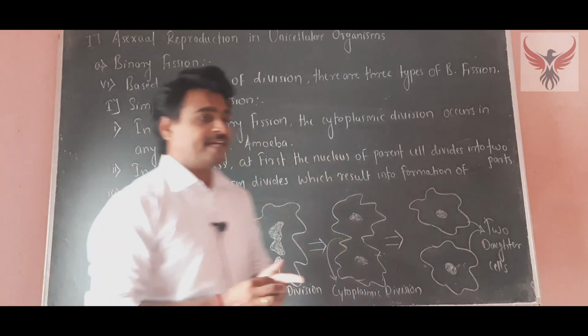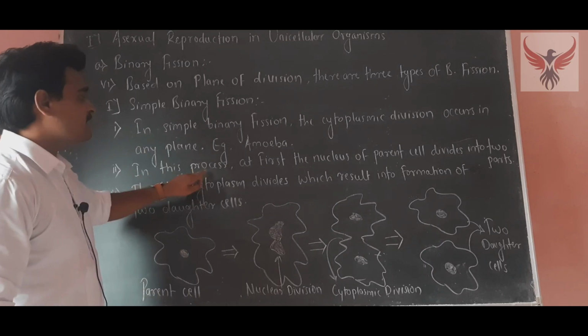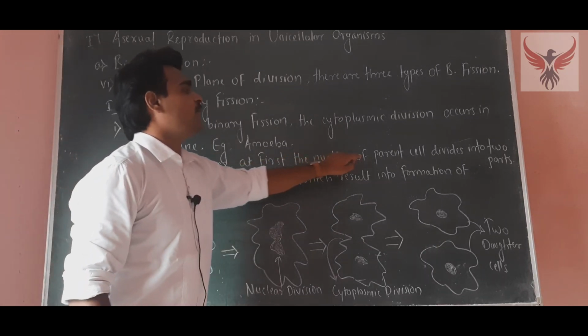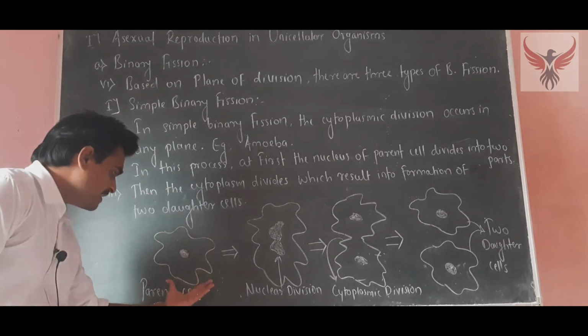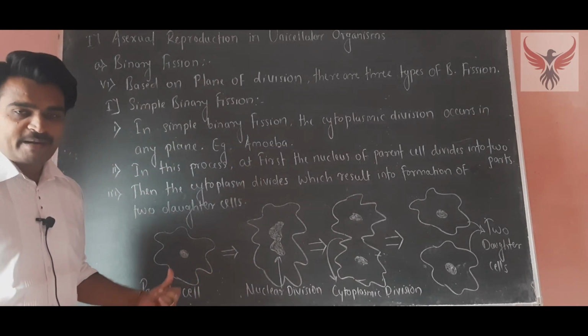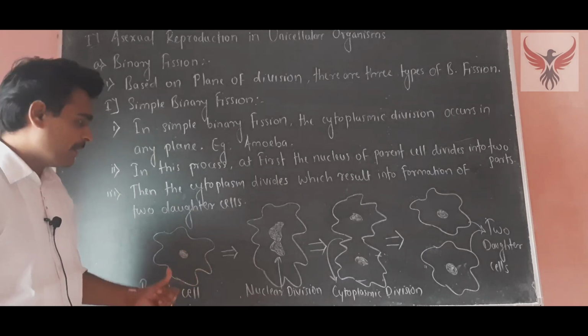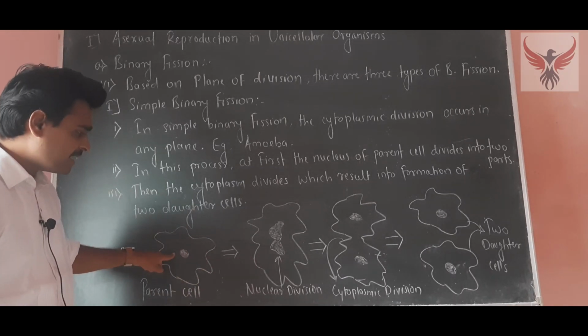The second point is that in this process, at first the nucleus of the parent cell divides into two parts. Here we can see the diagram of simple binary fission in amoeba. This is the parent cell.